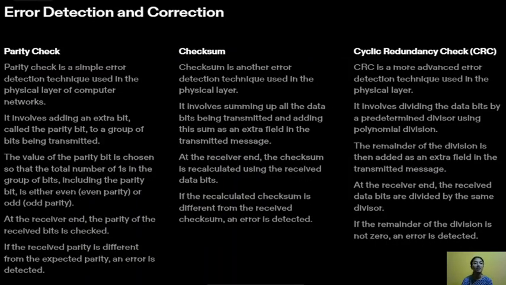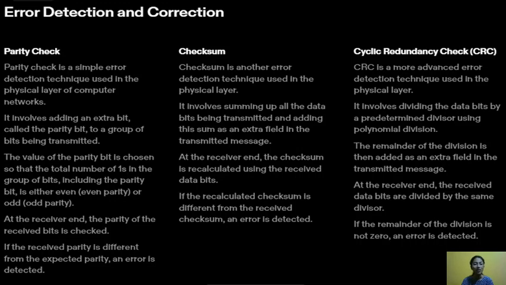The next one is error detection and correction in the physical layer. It is done through a parity check, a checksum, and the last one is through a cyclic redundancy check. Parity check is a simple error detection technique used in the physical layer of computer networks. It involves adding an extra bit called a parity bit to the group of bits being transmitted.